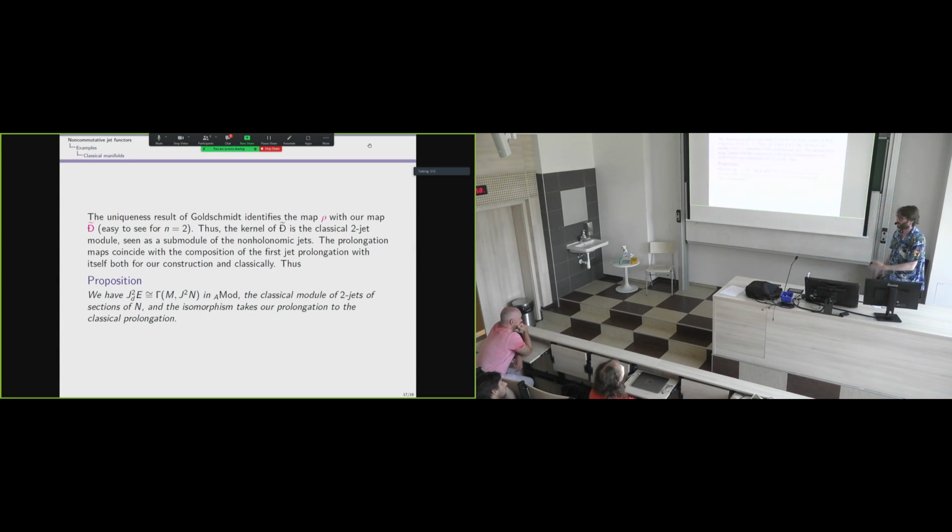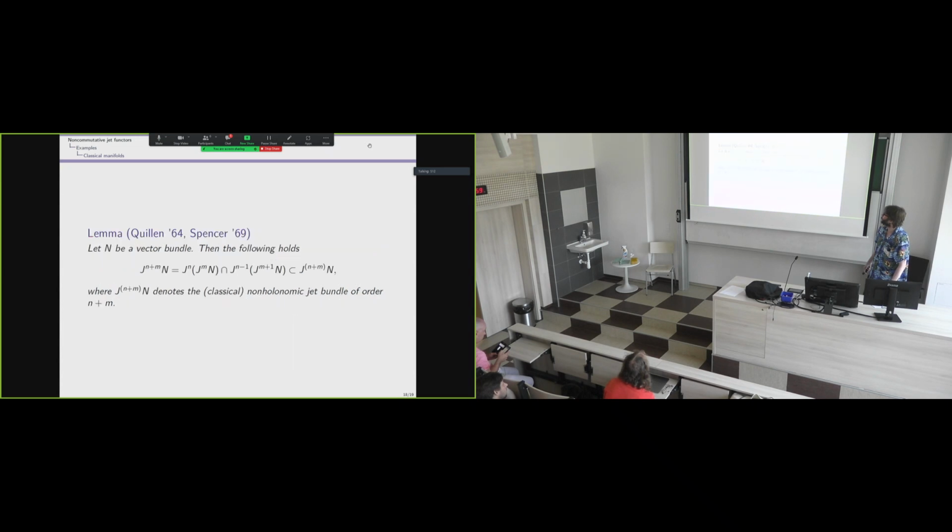It's not that easy to use this result for the higher jets, but we have a different method for that. So in particular, our two jets are isomorphic to the jets of sections of order 2 for vector bundles. And again, the isomorphism takes prolongations to prolongations, so you get the same differential operators, and geometrically everything is equivalent.